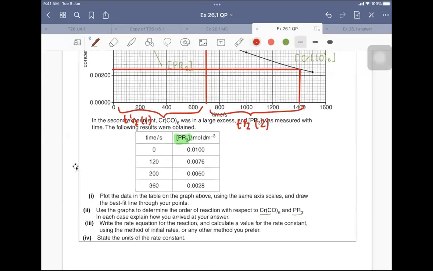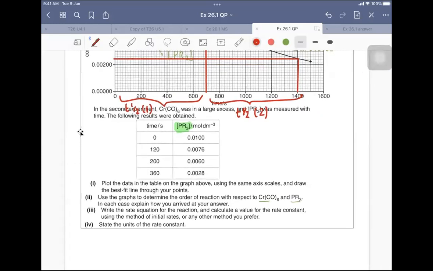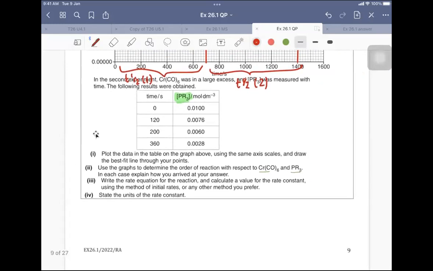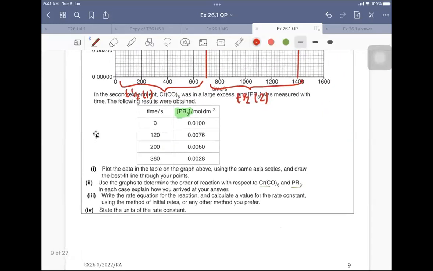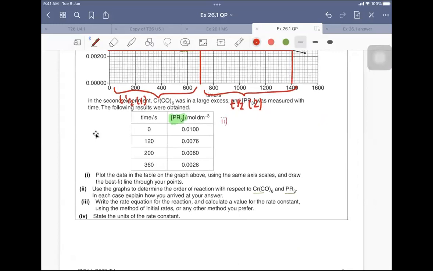Okay, so you will say that the order, do I have space there? Okay, I will answer it here. For number 2, the order with respect to chromium is blank because the half-life is blank.